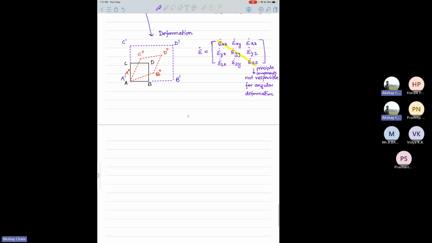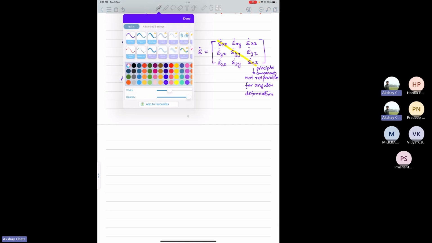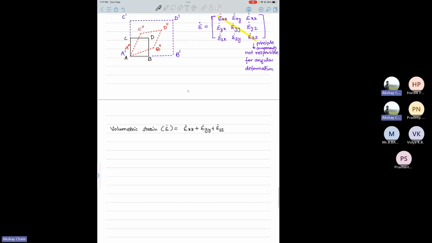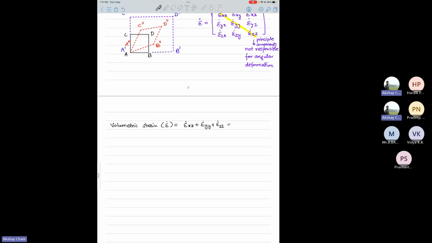An important term to remember here is something called volumetric strain, which is nothing but the summation of principal components. There is a derivation to it, but we won't go through that now, but you should know this.